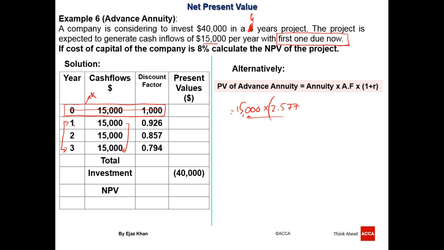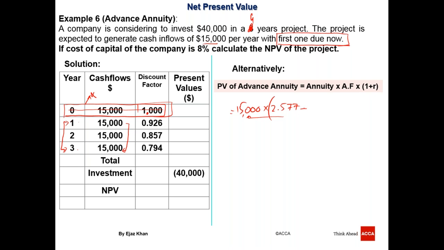So what we need to do is pick the discount NPV factor from year 1 to year 3 from the table, as the table will always show the NPV factor from year 1 onwards. So it's 2.577. And remember one thing, any cash flow which is received or paid immediately at point 0 will always have a discount factor equal to 1.